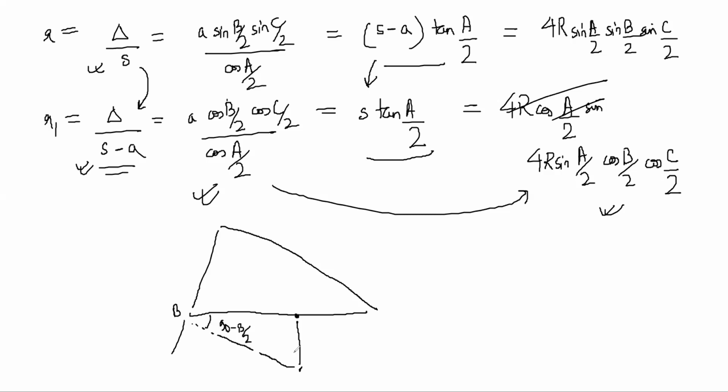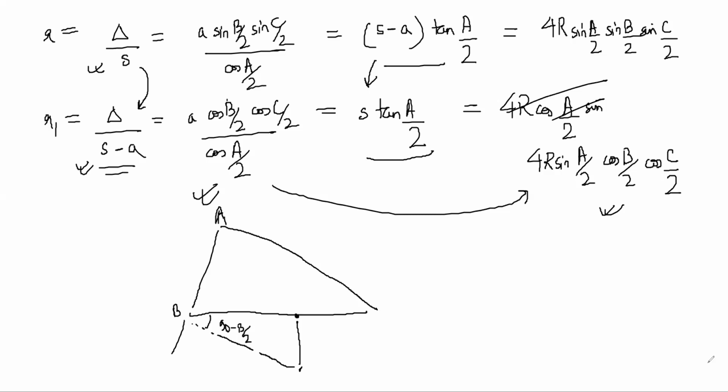Base by perpendicular, right? So we have tan(B/2) here, R1 by S. Tan(A/2) would have come from this one. So A is this. Oh, okay, I got it.